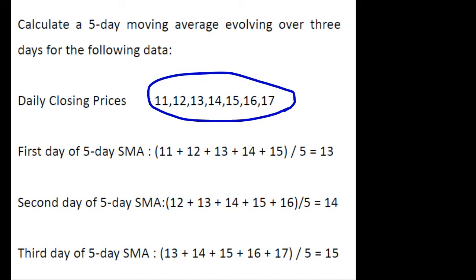If you want to get the number for the first day of the 5-day simple moving average, you need to add up the first 5 numbers and divide by 5, because you choose the period of 5 days. If you want to choose a 10-day simple moving average, then you need to divide by 10. For the first day of the 5-day simple moving average, the result is 13.